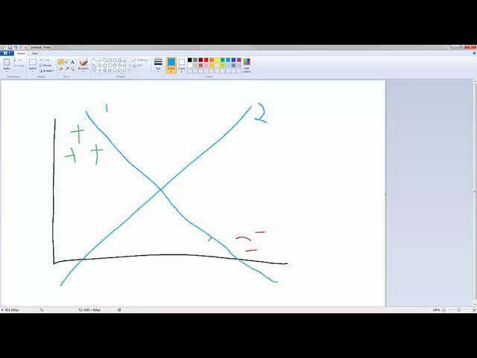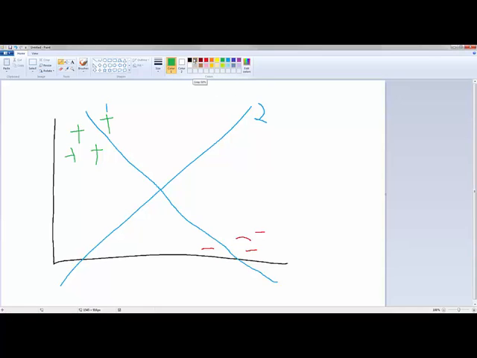So what's the problem here? Well, line 1 will classify the training data just fine, but in a test scenario, you can easily imagine that we have some minus points that occur over here, or some plus points that occur here. So the problem with line 1 is that it's not robust to these small variations in the data. So we would much rather have something like line 2 to classify this data.